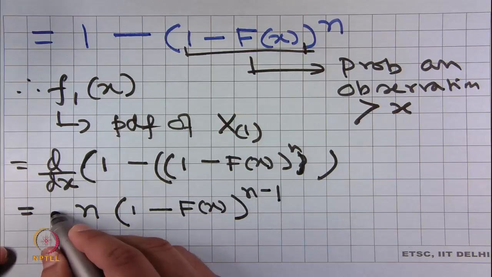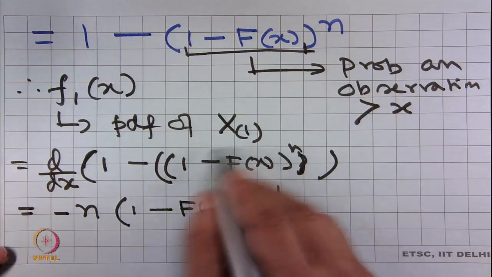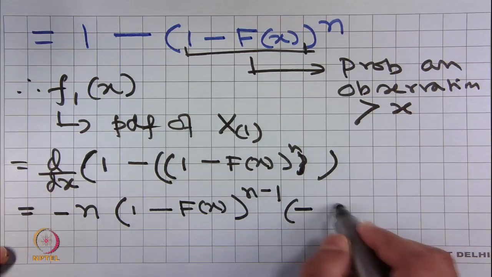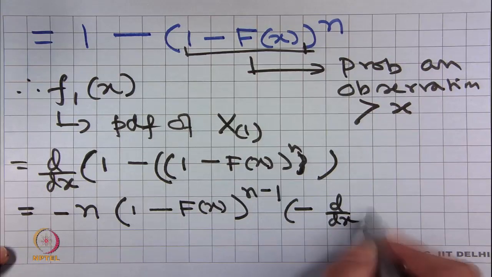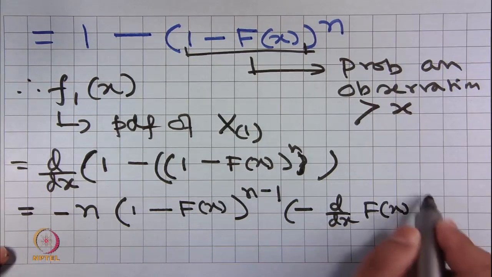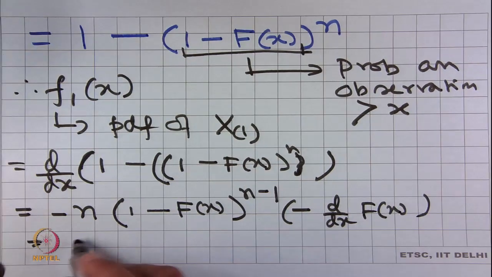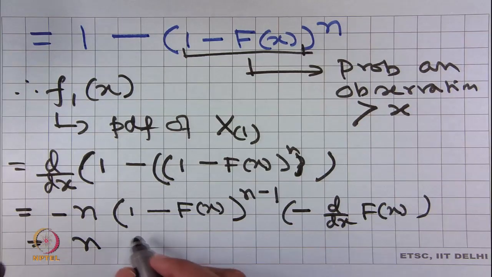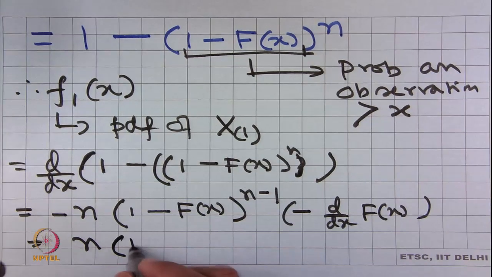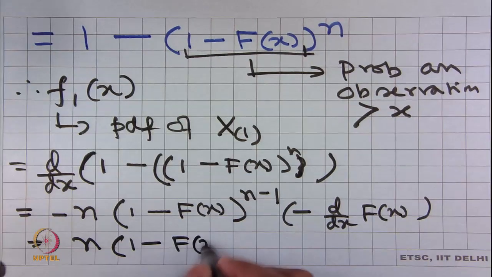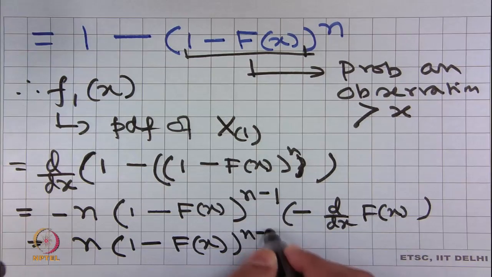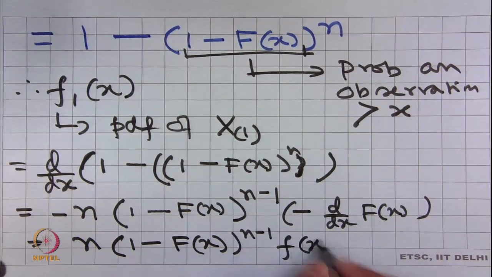This minus will give you a minus into minus of d dx of F x, so it is equal to n into 1 minus F x whole to the power n minus 1 into f x.